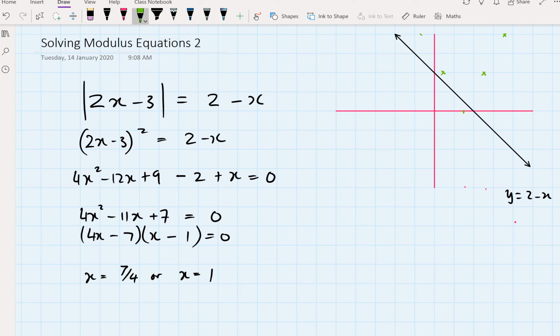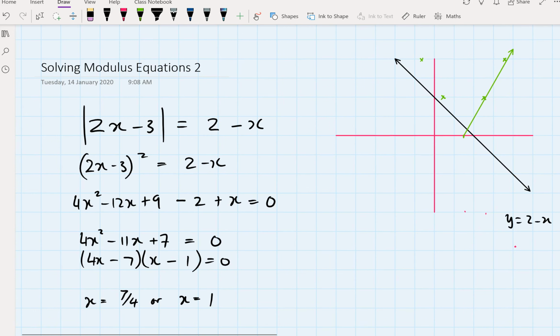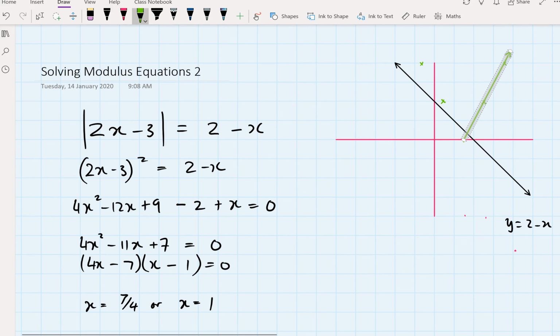The whole thing is symmetrical. So here I've got my modulus graph, with one part that goes like that and a second part that goes like that.